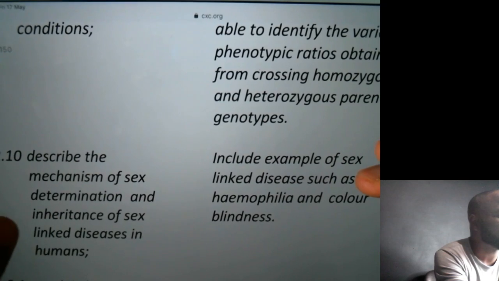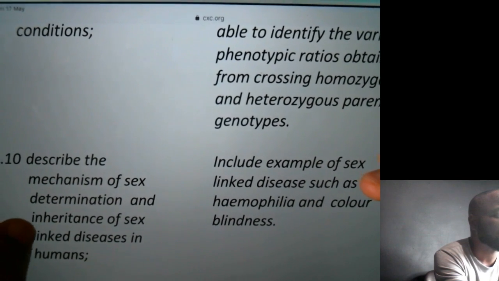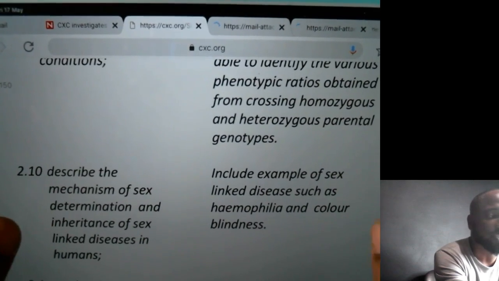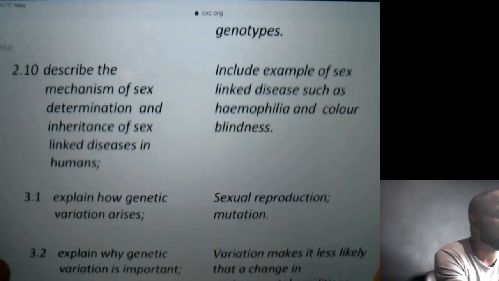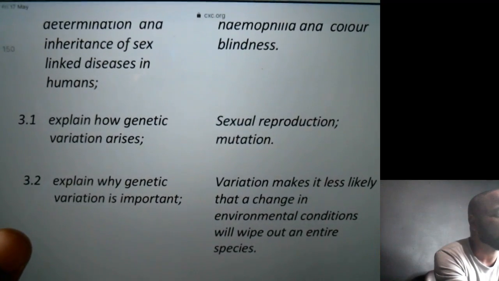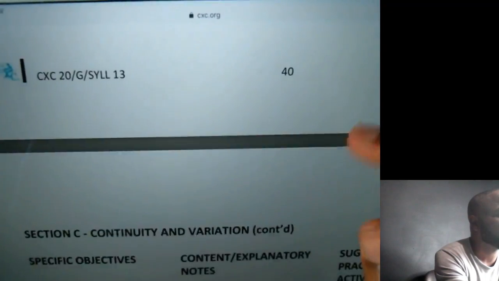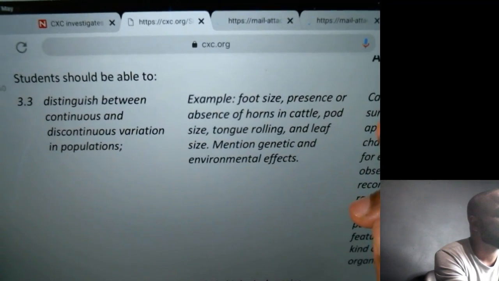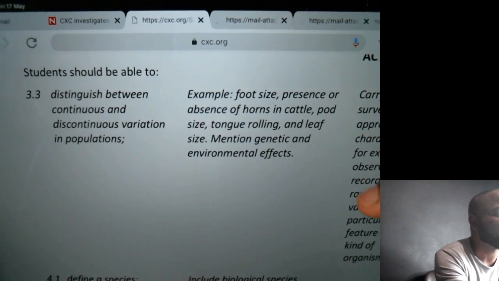Describe the mechanism of sex determination and the inheritance of sex-linked diseases in humans. Alright, so somebody find some more questions on this for us. Explain how genetic variation arises. Explain why genetic variation is important. You see the other stuff. Distinguish between continuous and discontinuous variation in populations.